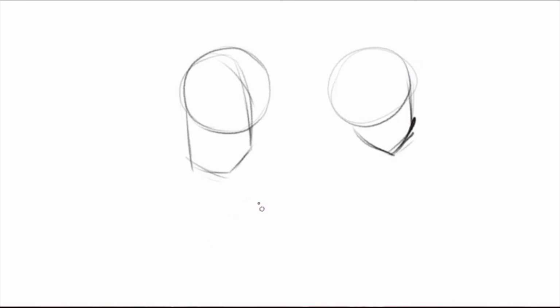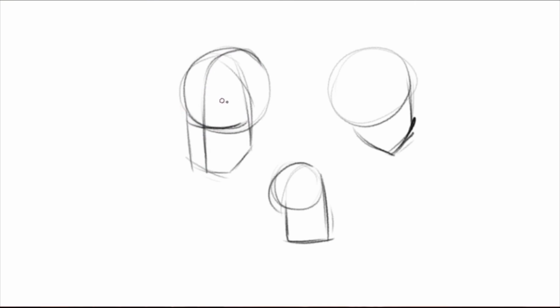Okay? You can do a little tiny head. Beefy square jaw. Either way, you're going to have these combinations of forms. Now, just like we had with the sphere, think about the way that curves around the object.